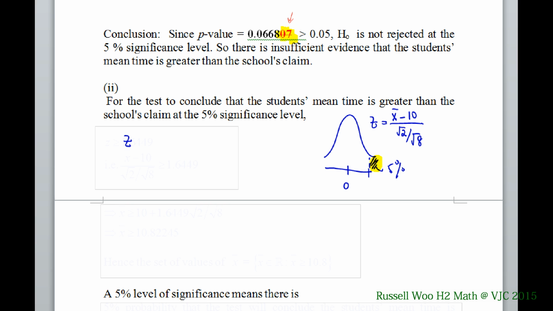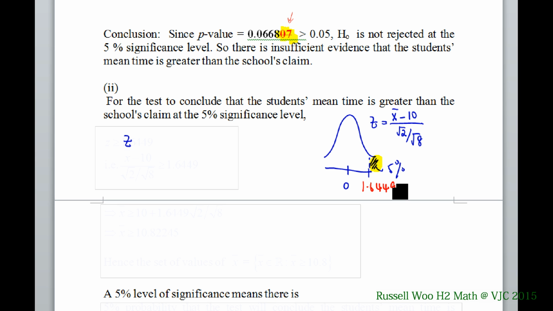And what is this critical value here? 5%, you can inverse norm 0.95, you will get your 1.6449. Correct?